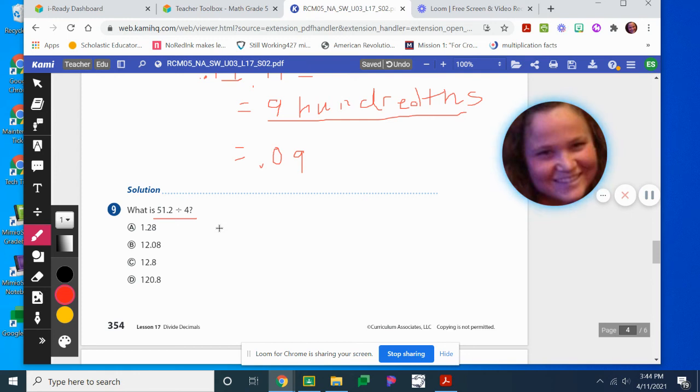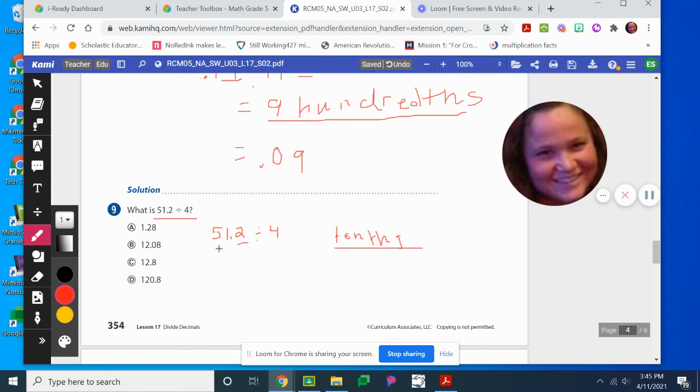Over here, I've got 51.2 divided by 4. So I've got 512 divided by 4. Here's my point. What am I working in? I'm working in tenths, it looks like. So I'm going to write tenths over here to make sure that that is where my decimal lands at the end. It's my backup.